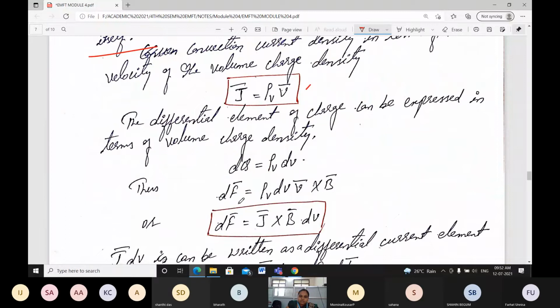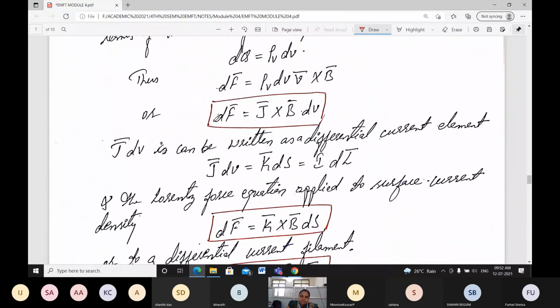Therefore dF is what? I can substitute, instead of dq, rho v dv into v cross B, or else I can write the equation as dF equals J cross B into dv.